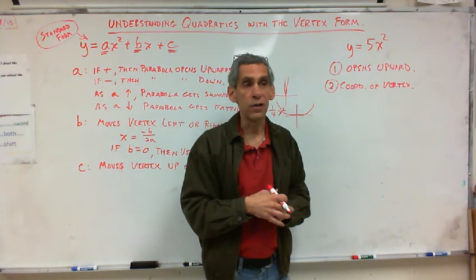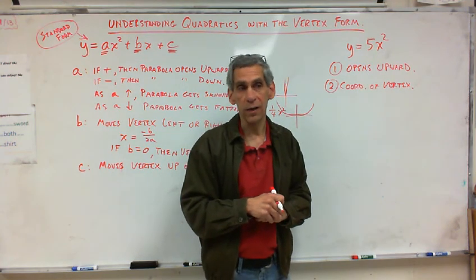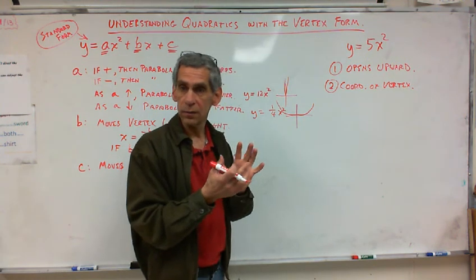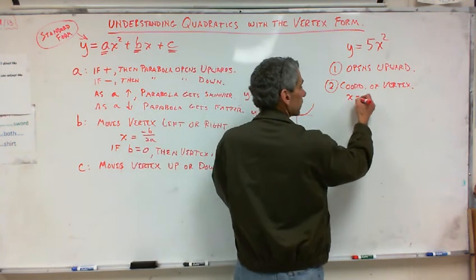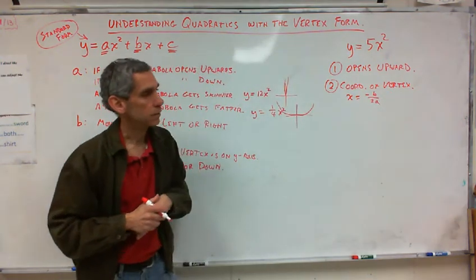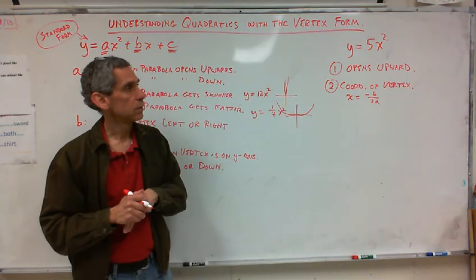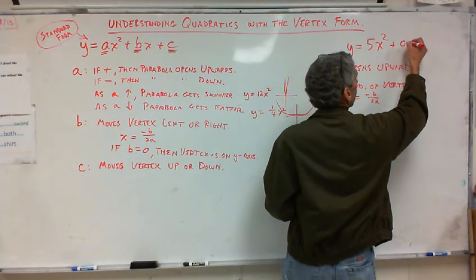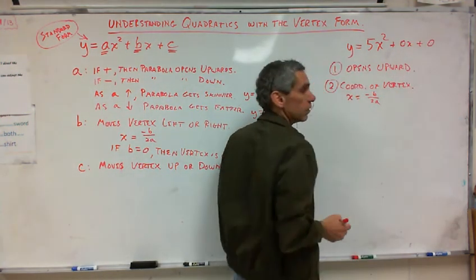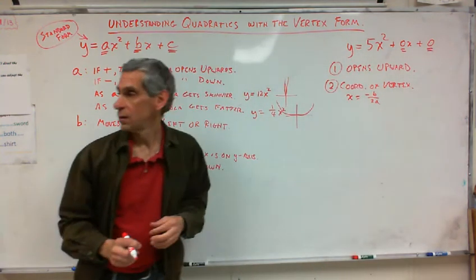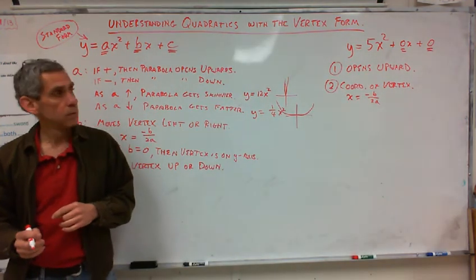In order to find it, you use negative b over 2a to find your x of the vertex. So x is equal to negative b over 2a. Well, what is b? The equation is y equals 5x squared plus 0x plus 0, right? My b is 0 and my c is 0, right? See what I mean?